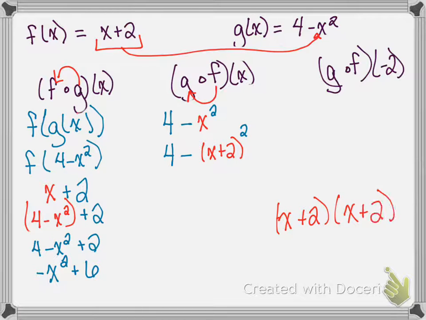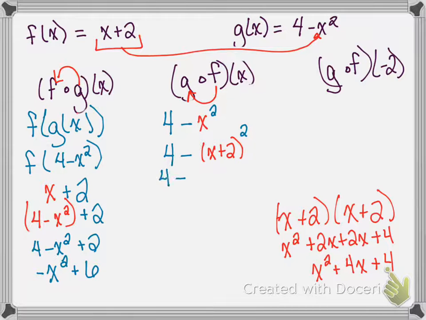We are going to have to distribute the negative, but not yet. x times x is x squared. x times 2 is 2x. 2 times x, 2 times 2. So I have x squared plus 4x plus 4. So 4 minus x squared plus 4x plus 4.